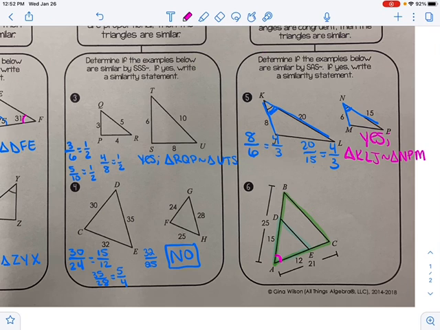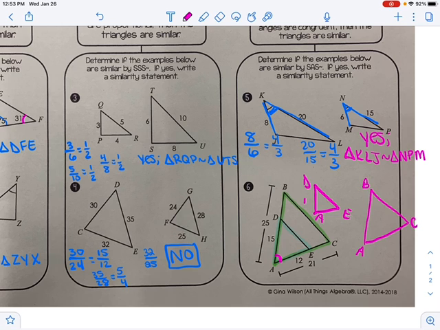So I could redraw that little one as ADE on its own, and I can draw that big one as ABC. I can split them apart, and then I can fill it in.